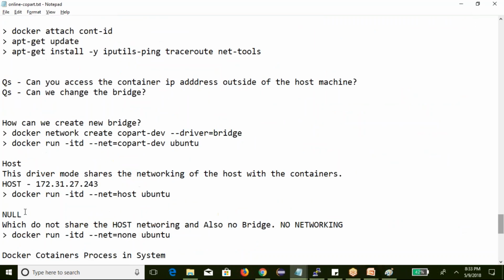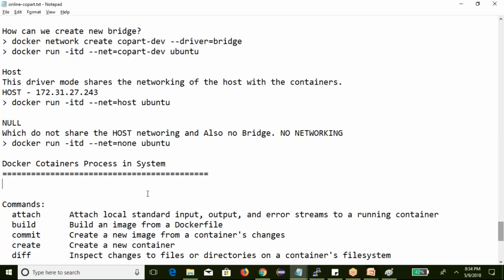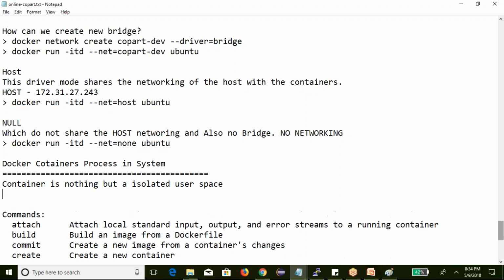So now I have defined 4 definitions of the container. One is, a container is nothing but an isolated user space, as I defined on the first day, with its own network, process map, mounts, and permissions.